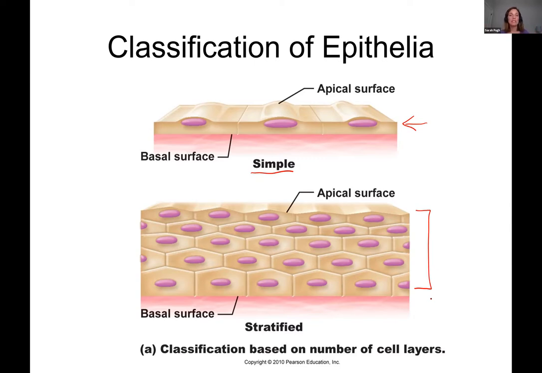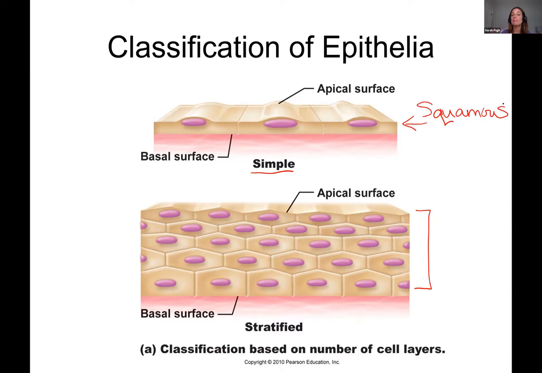So that picture at the top, what is the shape of those cells? Are they columnar, cuboidal, or squamous? Squamous. Yeah, so these are simple squamous. So we would say this is a simple squamous epithelial tissue.